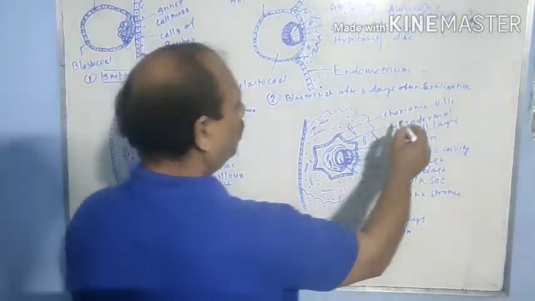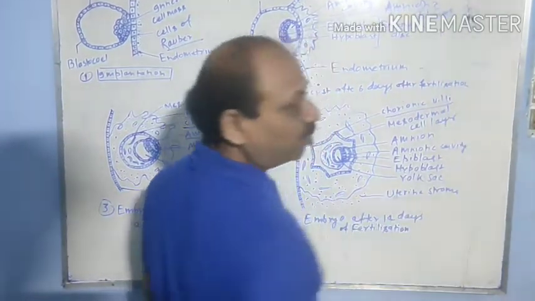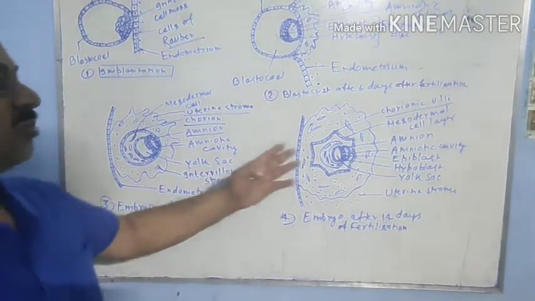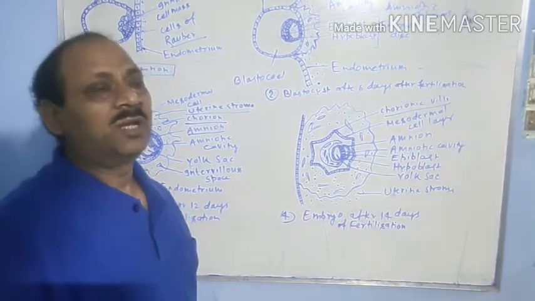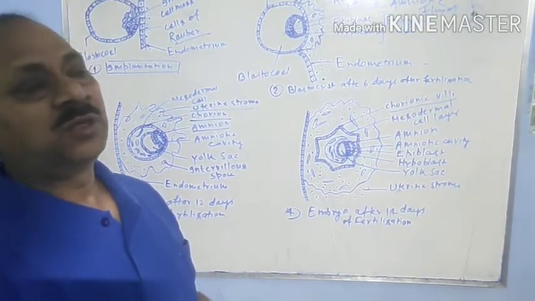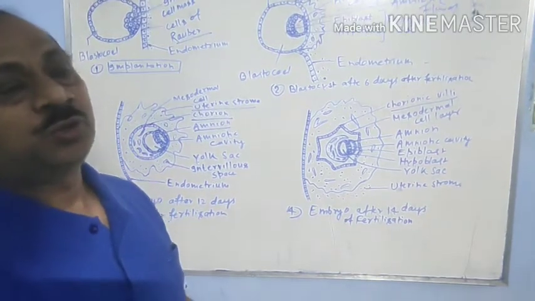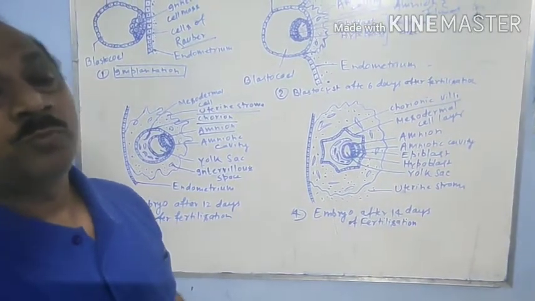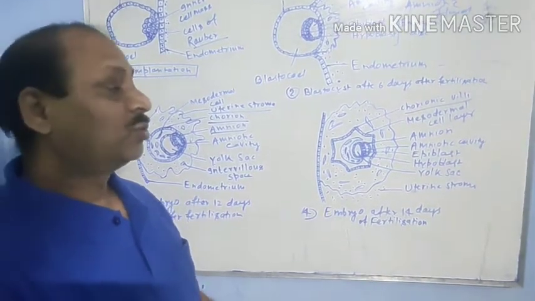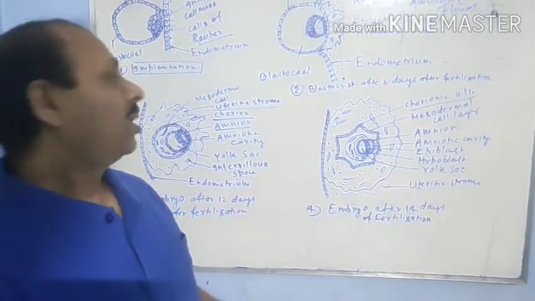Here chorionic villi are formed. What do we mean by chorionic villi? They are formed by the trophoblast, and these are finger-like projections which penetrate the tissue of the mother and form the placenta and provide nourishment to the developing embryo.